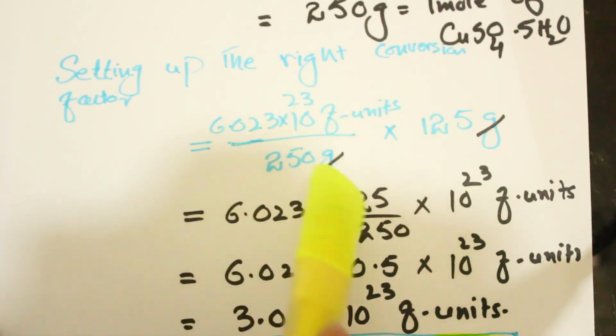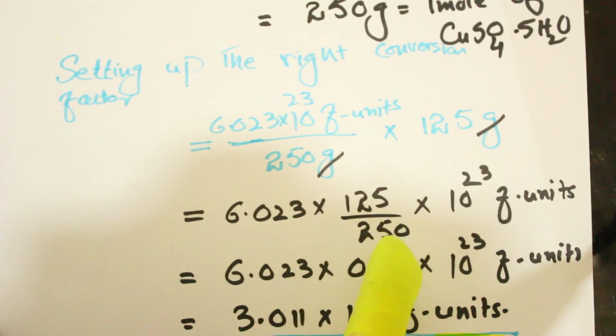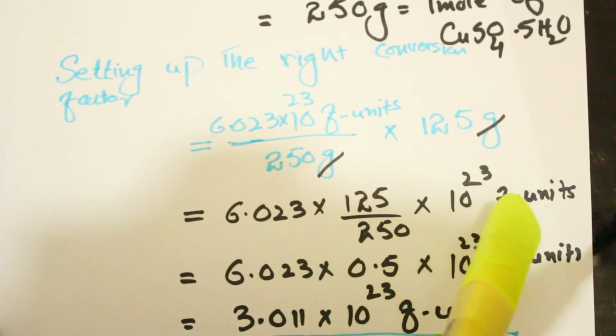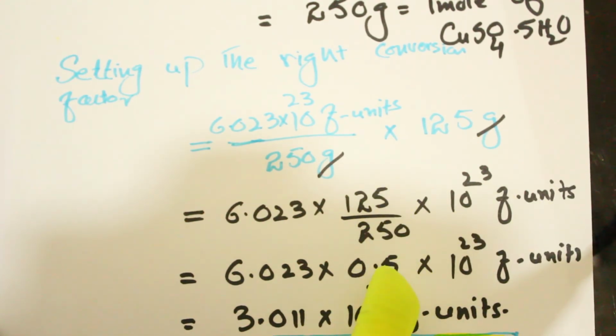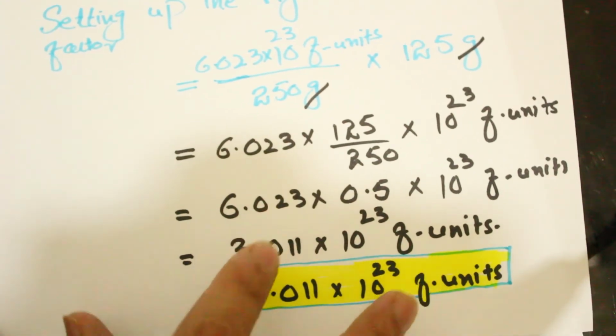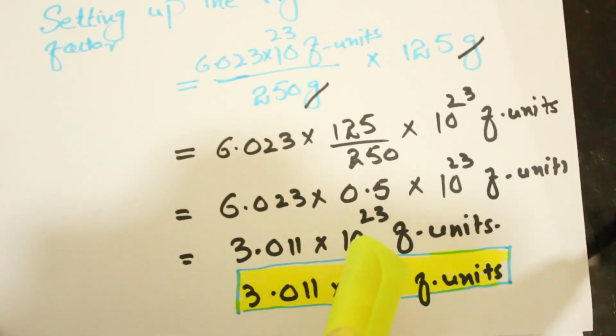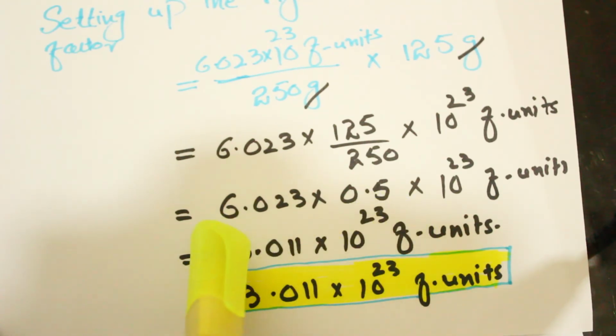I have written these two values separately for the sake of simplicity, the 10 raised to the power 23 formula units separately. Now I divide 125 by 250, so I get 0.5, and then I multiply this 0.5 by 6.023, and I get 3.011 multiplied by 10 raised to the power 23 formula units. So this is the answer to this question.